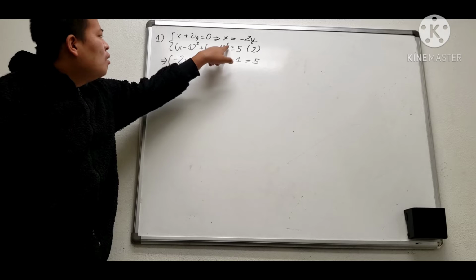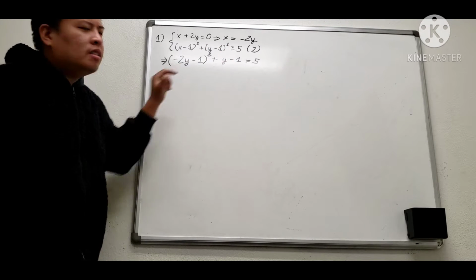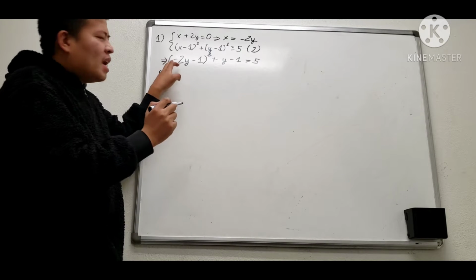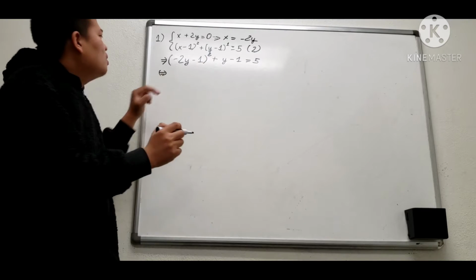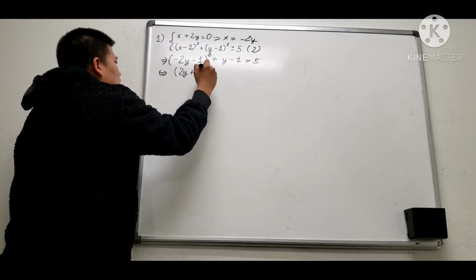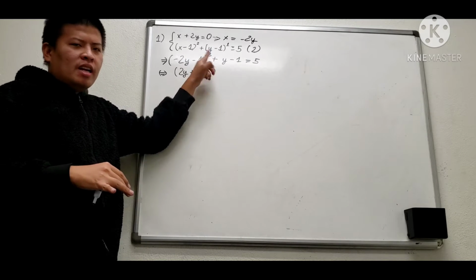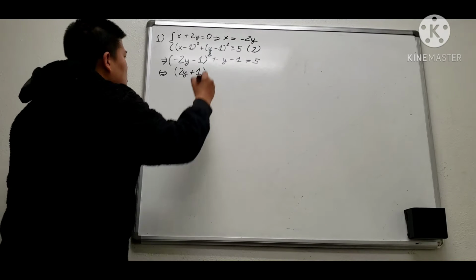Because in number 1, you can open the bracket with the y minus 1. Now we have minus and minus. Inside the minus we have the power 2, so you can transform it into 2y plus 1, because the negative with the power 2 becomes a positive number.